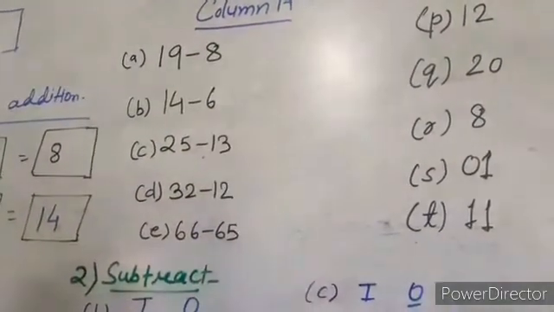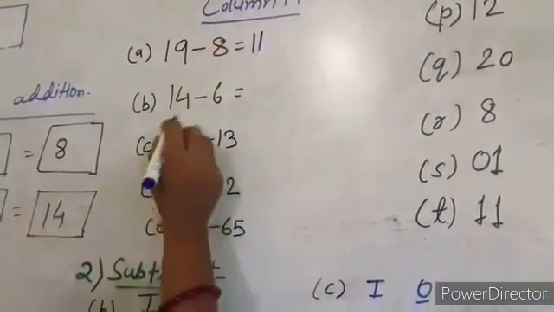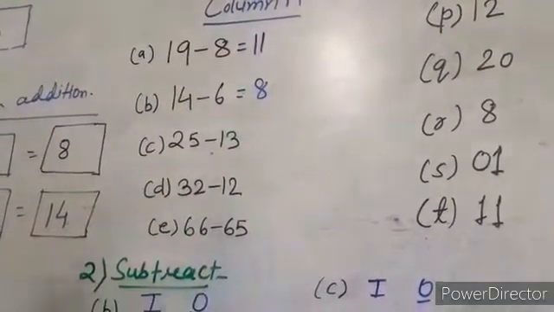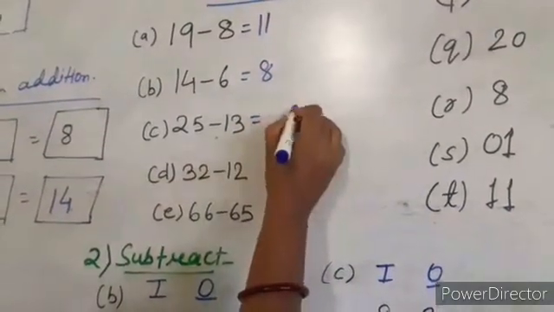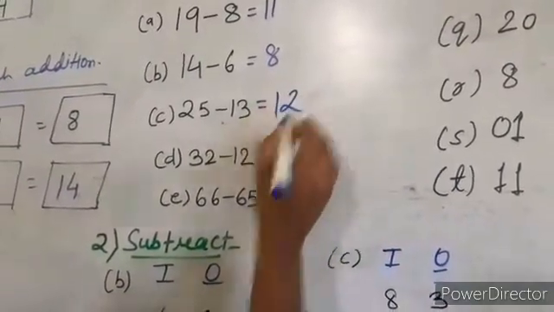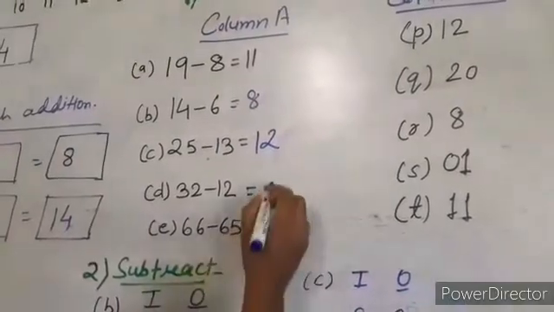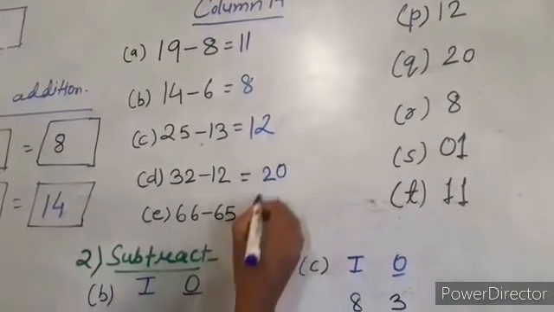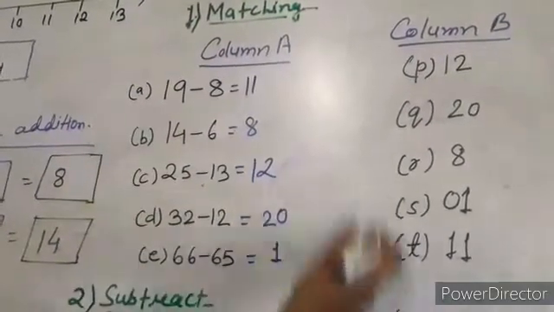Wait, it's better we use a different color, it will be easy for you to understand. Then 25 minus 13, 5 minus 3 is 2, so 12. Then 32 minus 12, 0 and 2, 20. Here are the answers. Then you will easily find the matches.